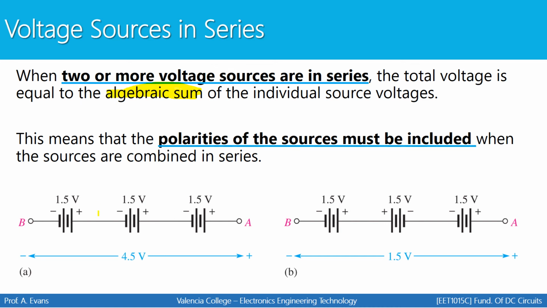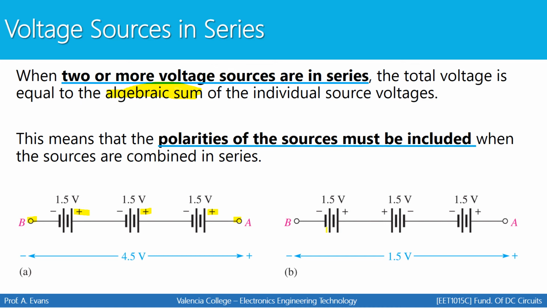So for example, if I have a 1.5 volt source connected to two other 1.5 volt sources, when I figure out the total voltage from point A to point B, I have to consider the polarity of each source. I have plus 1.5 volts, a plus, and a plus. The plus is on the right side for all three of these sources. That means they all have the same polarity, and I can simply add them all together.